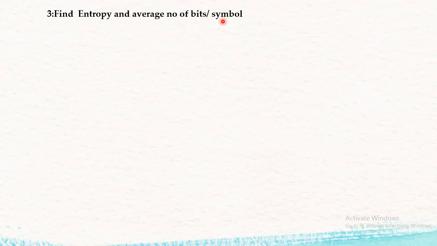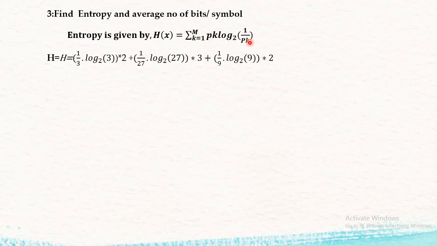Similar to the Shannon code, we have to use the formulas for the entropy and the average number of bits per symbol. Entropy is given as summation of k equals 1 to m of pk log to the base 2 of 1 by pk. We just put in the values of all the probabilities and then it gives you the entropy. In this case the entropy value is 2.2894 bits per message.